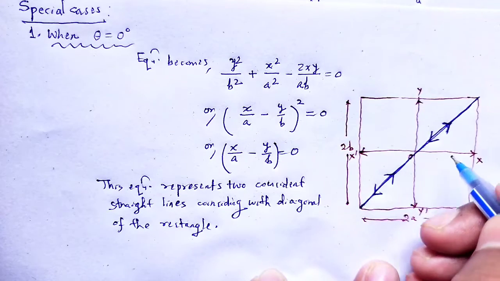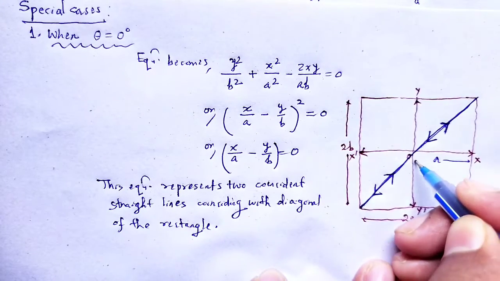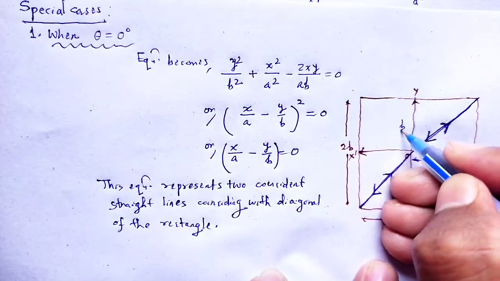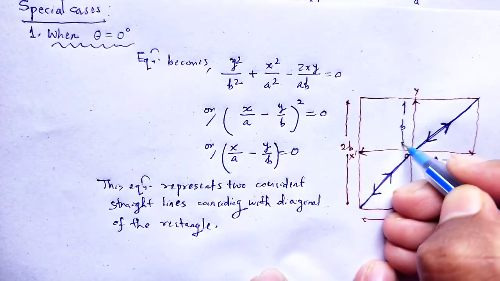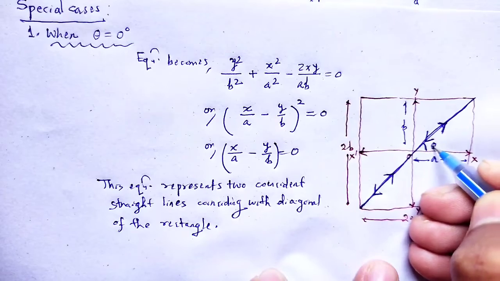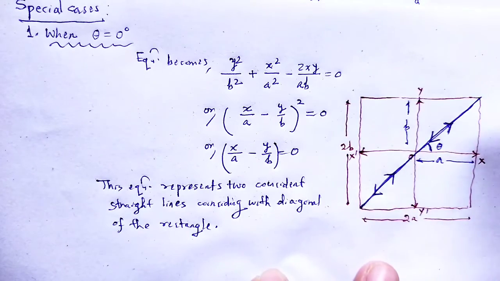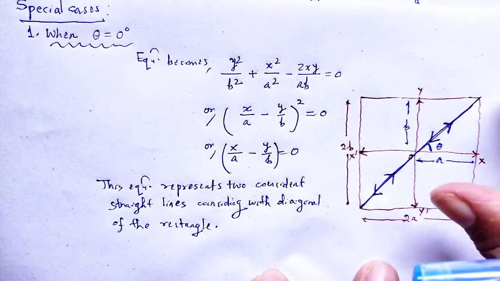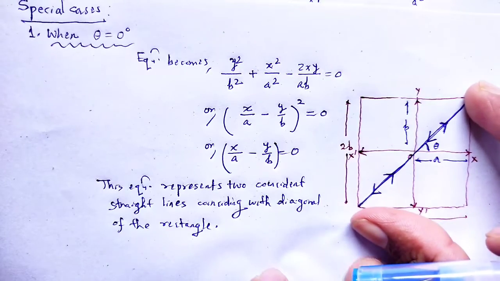Here that portion is a, that portion is b, this is the angle theta. When theta is equal to 0 degree, that is the Lissajous figure.